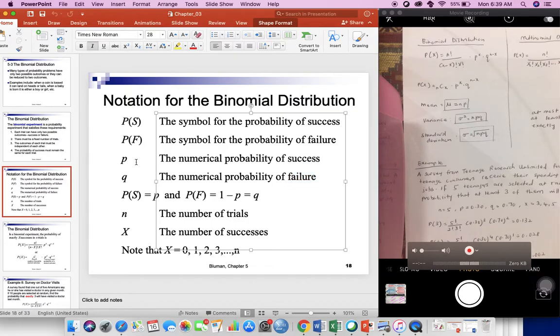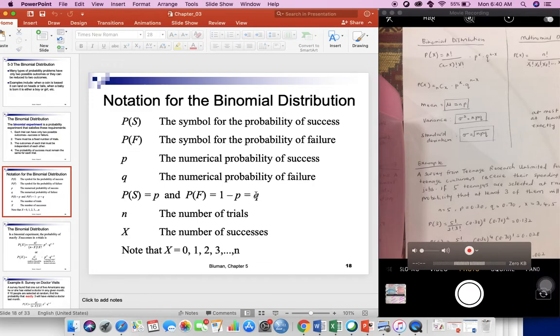Okay, so here, p plus q, the total, must be equal to 1. So if the question only gives you the value of p, you can get the value of q by 1 minus p. So 1 minus p is equal to q.